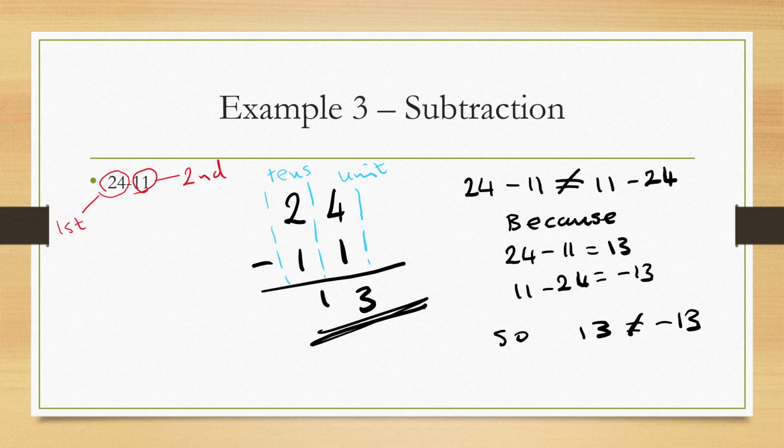As I wrote here, 24 minus 11 is not equal to 11 minus 24, because 24 minus 11 is 13, while 11 minus 24 is minus 13, and 13 is not equal to minus 13. So this is why you cannot use subtraction the same as before.